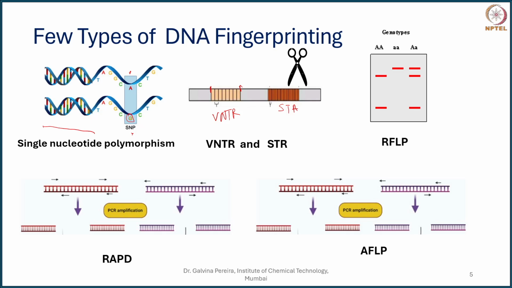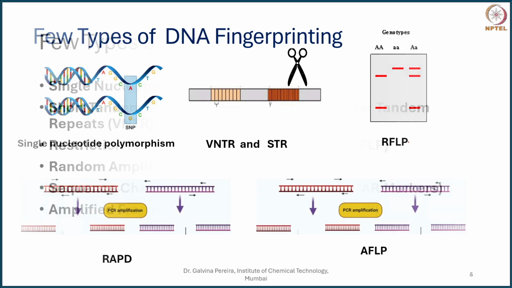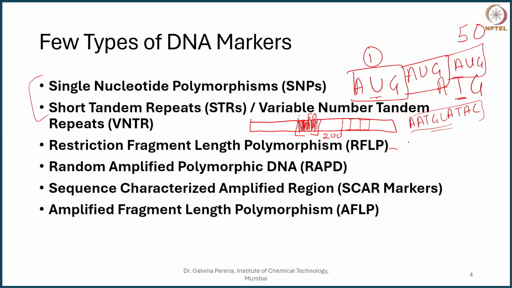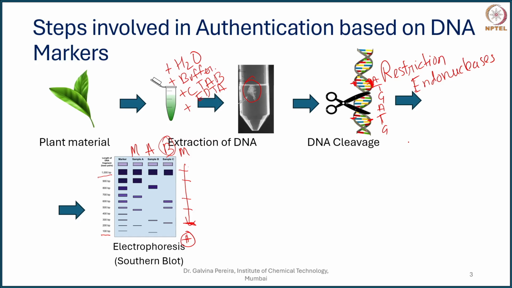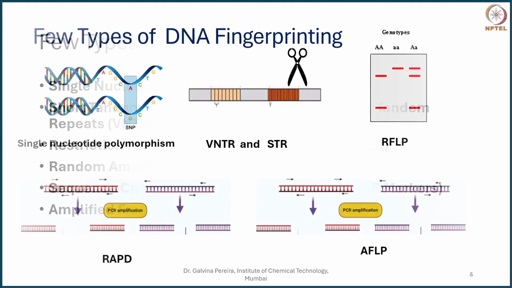Going to RFLP, like I said, restriction endonucleases are used and you cut your DNA. So we saw here you can cut your DNA and you can see your banana versus mango. So imagine using the same technique here.